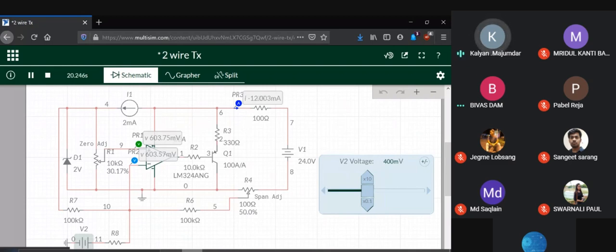Now the important requirements we saw first: the loop current should only depend upon the input voltage. One, the loop current should be independent of load resistance. Two, the loop current should be independent of supply voltage variations or fluctuations. Let's prove that. Let me bring it back to 4 milliamperes.